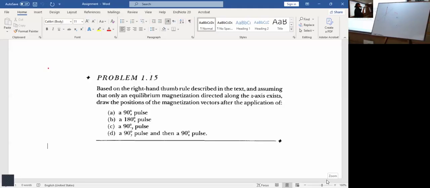If your magnetization vector is at X and you are giving a pulse from X, it will not move. Okay? If your magnetization vector is at the X plane and you gave a 90x pulse, the magnetization vector will not move. Okay? So I think you all have a clear idea now.